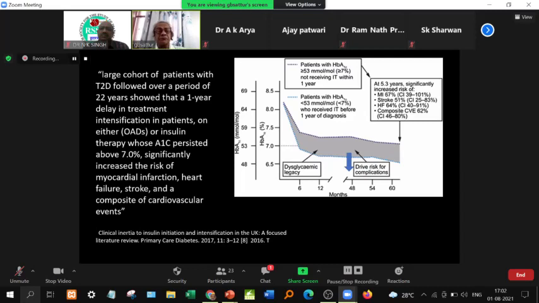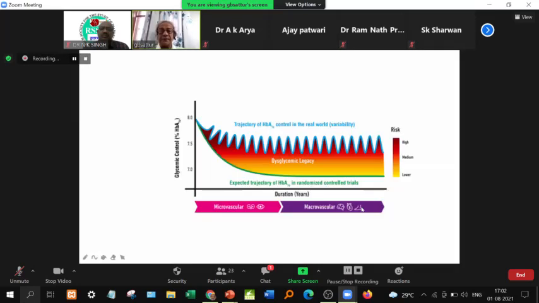Meaning whatever we saw in UKPDS, the legacy effect, which is now in this case dysglycemia, stays for a very long period, resulting in a lot of cardiovascular ill effects.